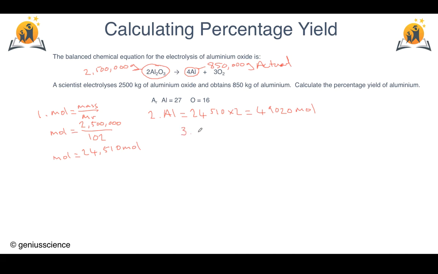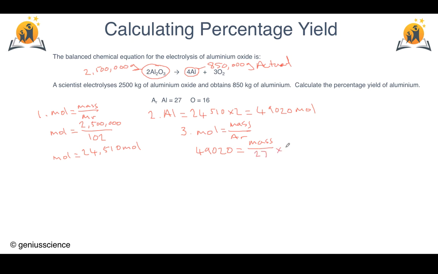Now, step number 3, we need to work out the maximum possible mass of aluminium. That's the theoretical yield. Again, using our mole equation, we have 49,020 moles of aluminium, which is equal to the mass, because we're trying to find out, divided by the relative atomic mass of aluminium, which is 27.